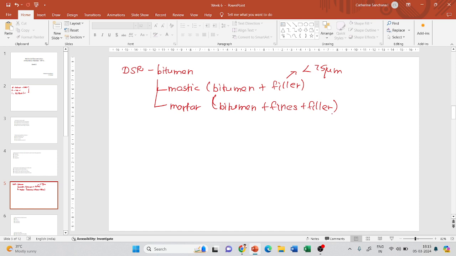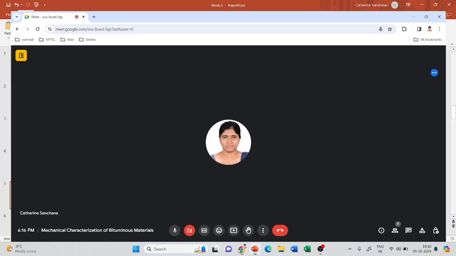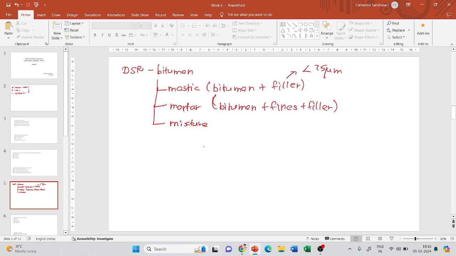Or it can also be a bituminous mixture, which will have bitumen plus fine aggregates plus coarse aggregates plus filler.